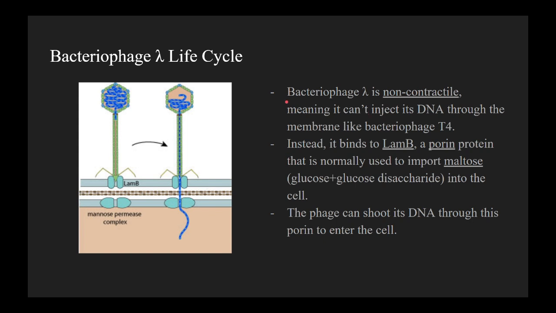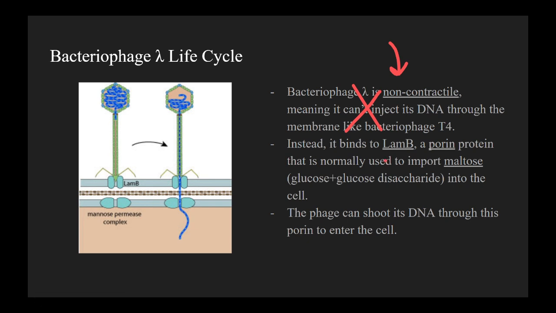Bacteriophage lambda is different from T4 in that it's non-contractile, which means that it can't inject its DNA like T4. It actually needs to find an opening in the membrane first, and then it can slip the DNA through that opening instead of just stuffing it through the membrane.